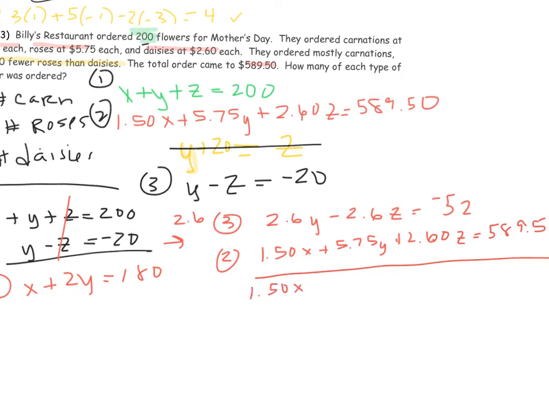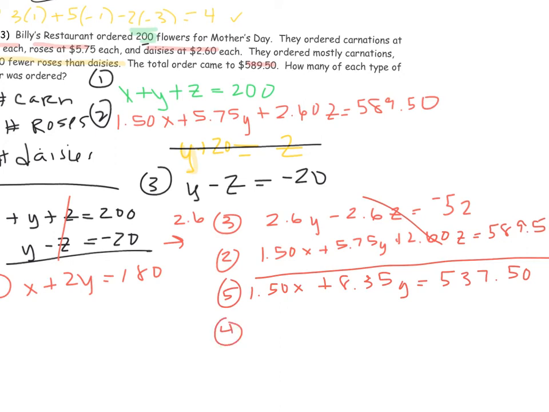Okay, I get 5.75 plus 2.6 is 8.35y, the z's are gone, and that equals 589.50 minus 52, so 537.50. And this is equation 5.